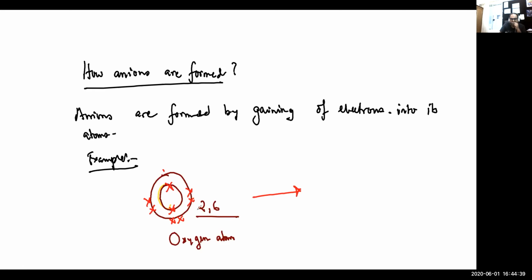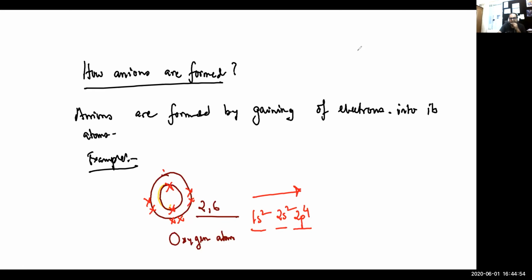So if we write this as an electronic configuration, what will it be? 1s2, 2s2, 2p4. Very good.